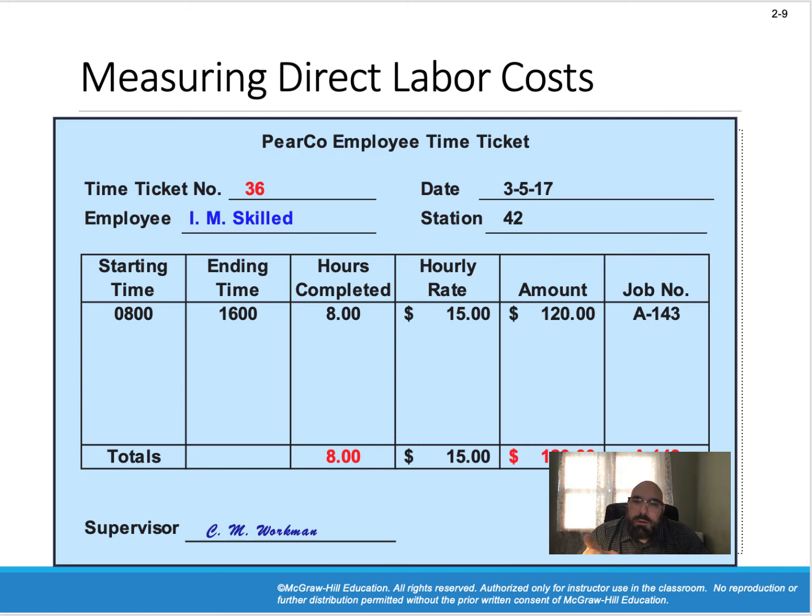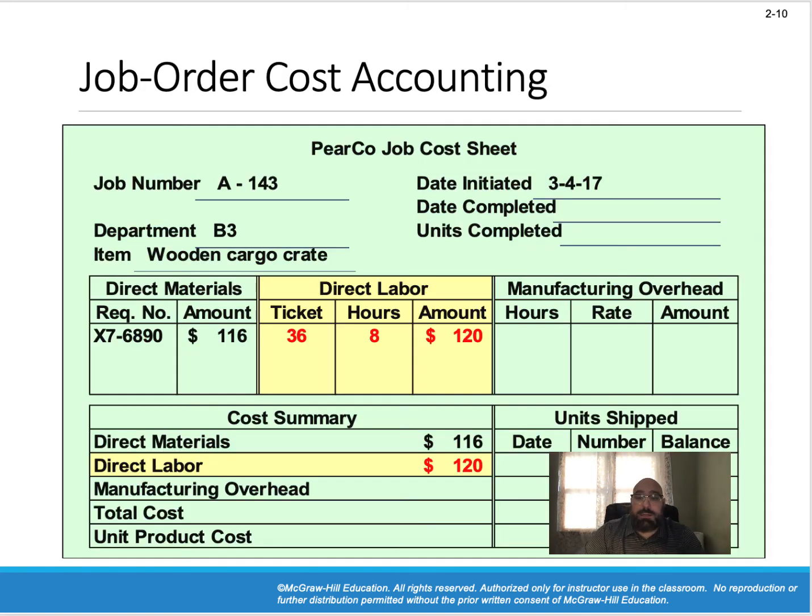The final column on the job cost sheet has our job number. Basically, what this employee is telling us is that they worked 8 hours on job number A-143. And this person makes $15 an hour. So we incurred a cost of $120 with direct labor to make these wooden cargo crates.